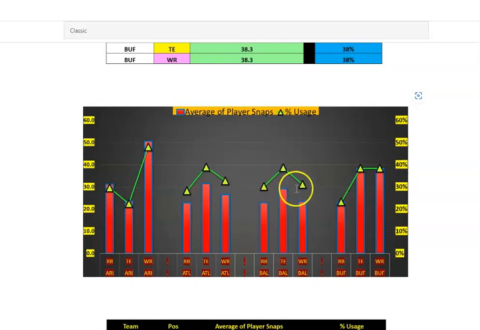And of course, Baltimore has lots of running with their quarterback, and he's really scoring and efficient there. The wide receivers are being used less than on any of these other teams, but they're pretty efficient. Buffalo is using wide receivers and tight ends about the same.